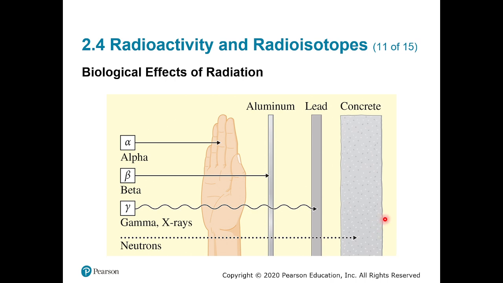Okay. But your typical neutrons, if you have a few feet of concrete, that'll do it. More than 3 feet usually. Okay. Typically, you don't need more than 3 feet, though. You just need a couple feet because you put steel in there, right? And the steel will help you out. Okay. But this is very, very high penetration.